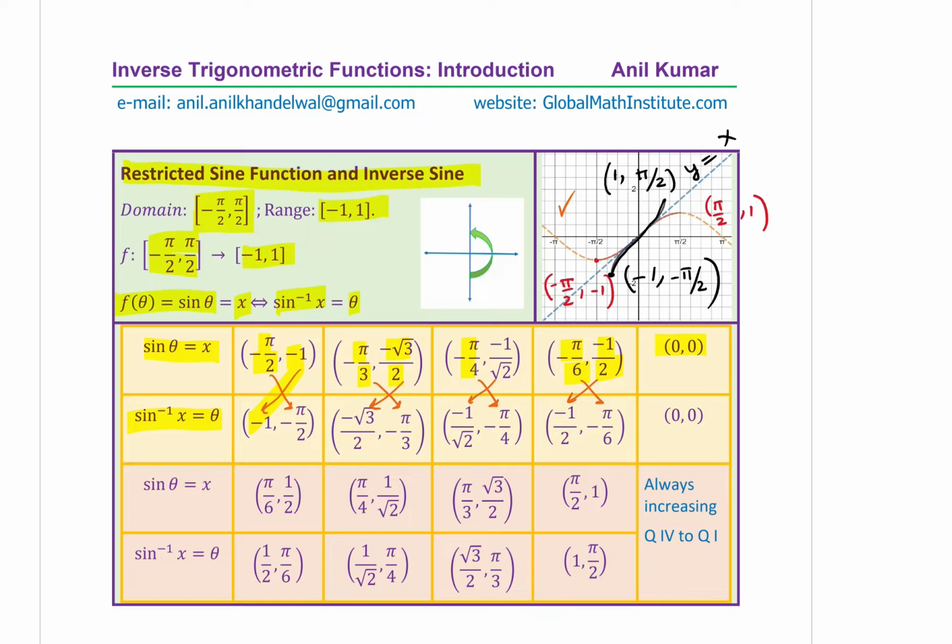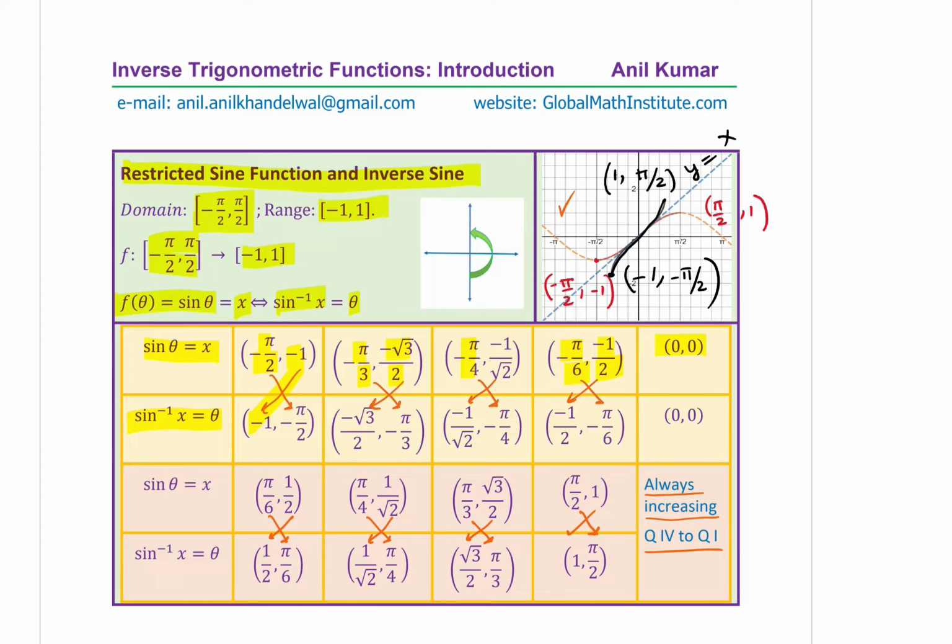Right? So likewise, we have done this for some key points within the interval minus pi by 2 to pi by 2. Perfect. You notice that this particular graph of sine theta as well as sine inverse x, both of them are always increasing. And they are in quadrant 4 and in quadrant 1. Do you see that?